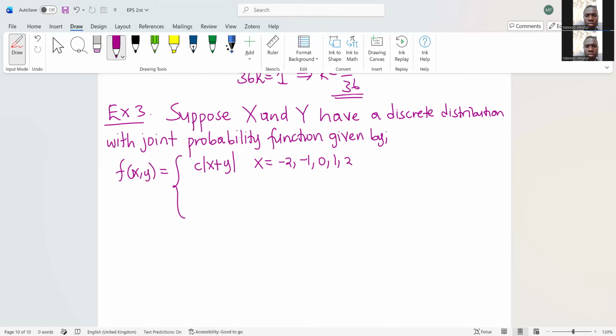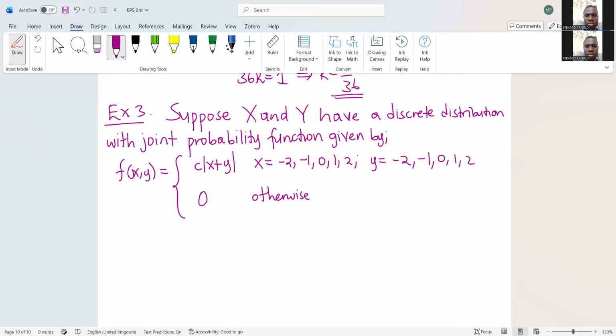Then y is taking on values -2, -1, 0, 1, 2. Then the distribution is 0 elsewhere.